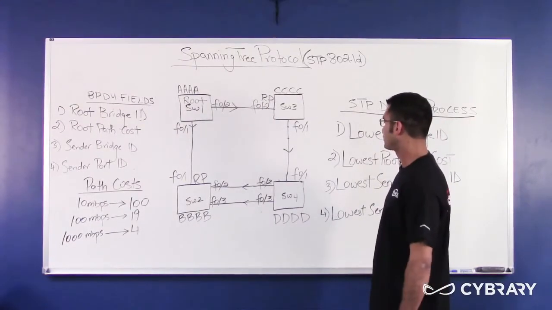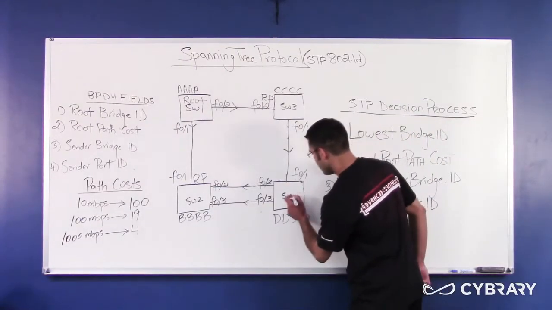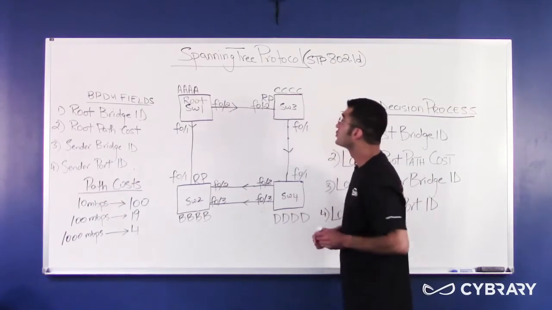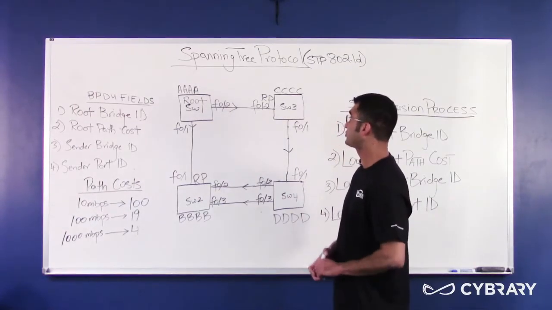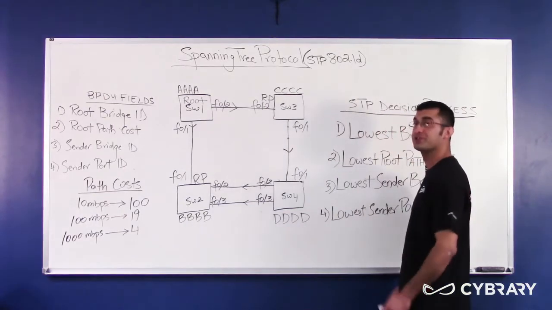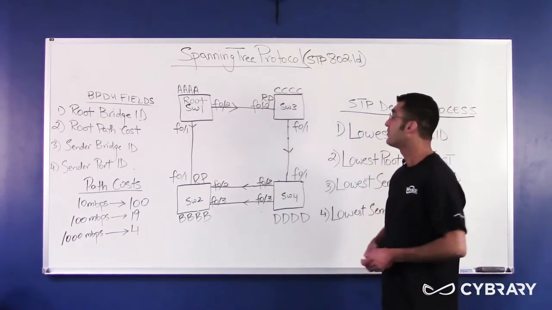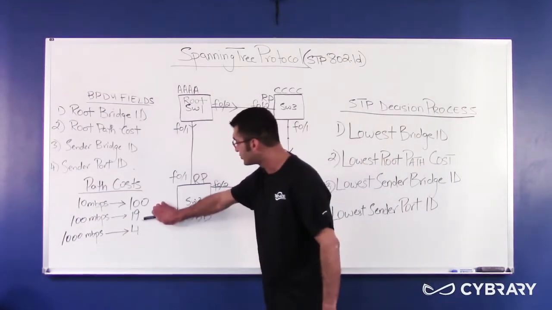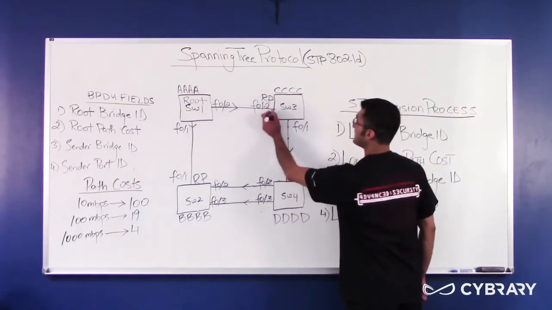Looking at switch 4 now, a BPDU leaves switch 1 port F0/2 with a root path cost of 0 and enters switch 3 F0/2, and the cost is incremented by path cost, which is 19. So the cost is 19 over here.